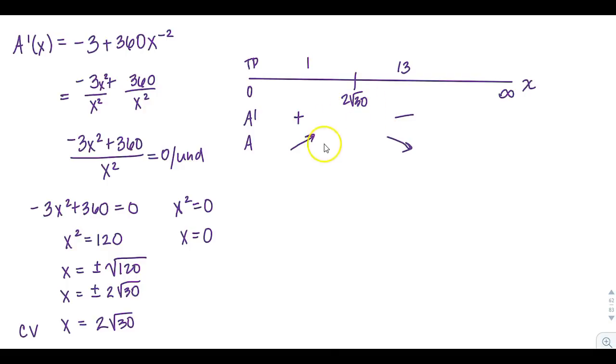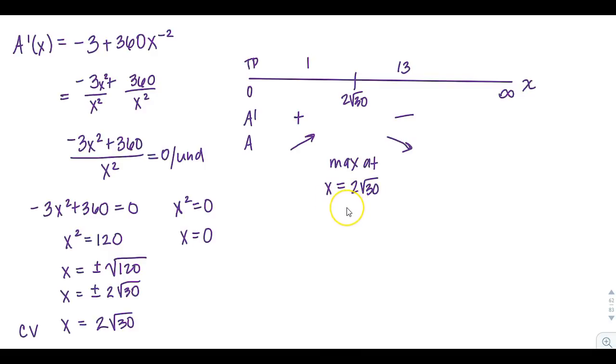So I can see that I'm going to have increasing to decreasing. By the first derivative test, I would have a local maximum, but since this is the entire function here, this is really going to be my absolute maximum. So I have a max occurring at x equals 2 radical 30.